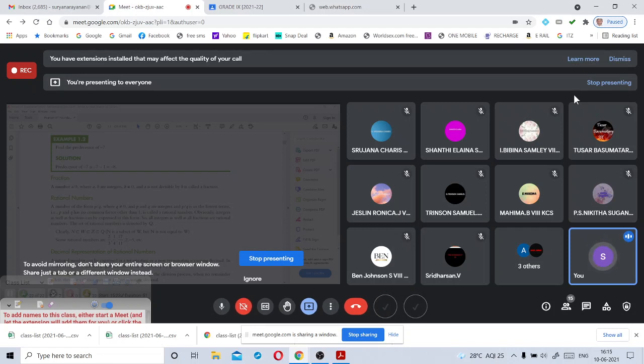Sridarshan, can you tell me the simplest form, lowest terms? Can you write 6 by 8 in the lowest terms? Sridarshan?